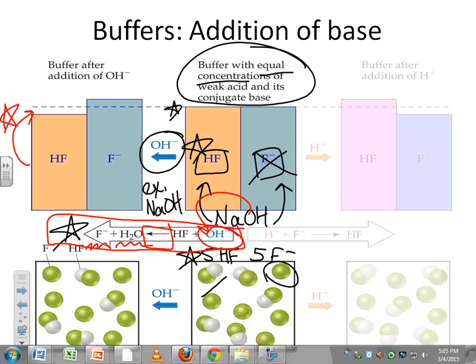So some of our HF is gone, but only a little bit. We didn't use up a lot of HF. And then notice right here, we created some more F minus. So the amount of F minus that's in our buffer has gone up, but not substantially, just a little bit.